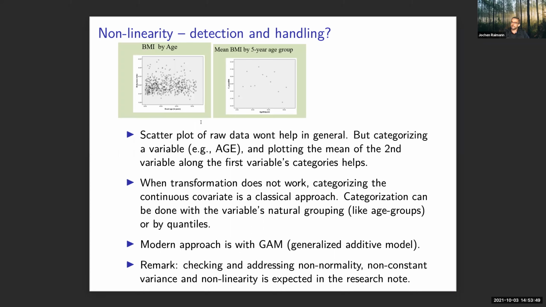Another way of doing this is to categorize.